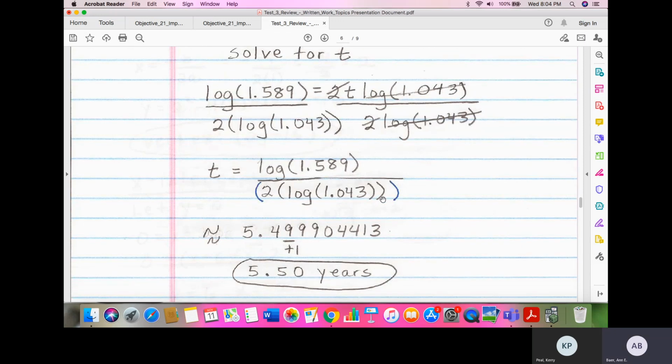So let's enter this into our calculator. So we have log of 1.589 over parenthesis 2 log of 1.043.